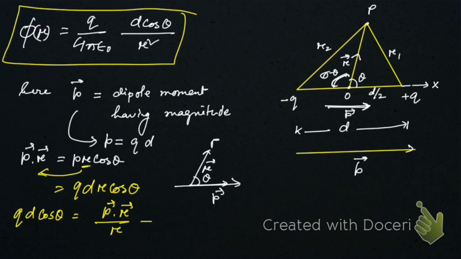Now using this result in this equation, this is equation number 4 and this is 5.